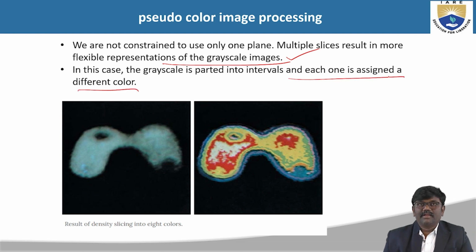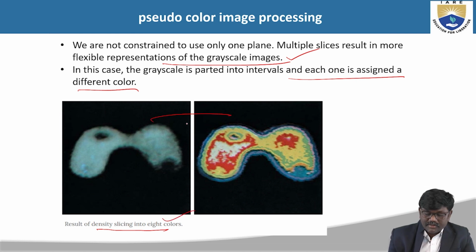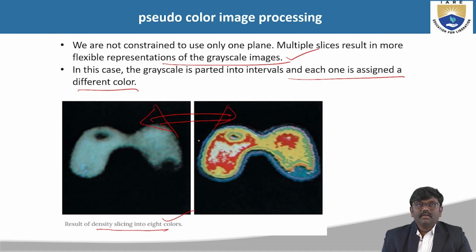For example, you can see the density slicing into 8 colors. Understand? That is very important here.